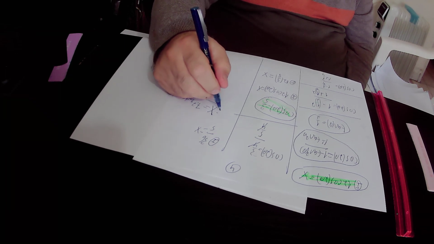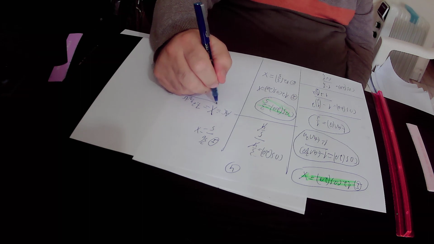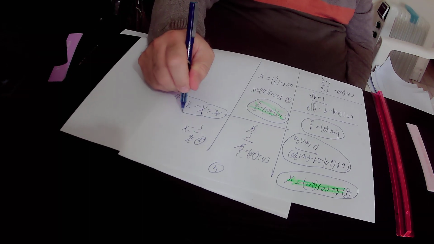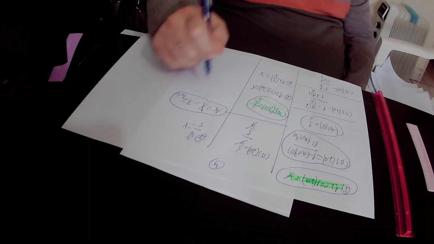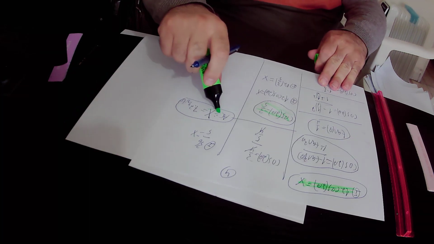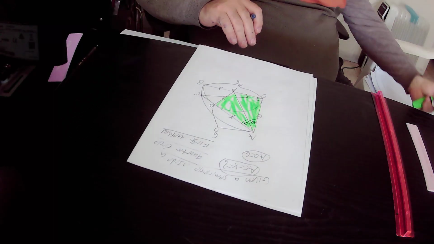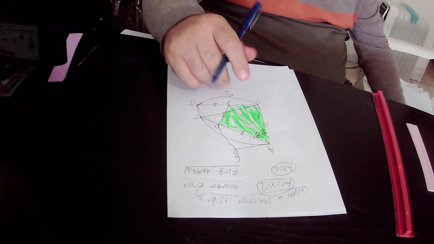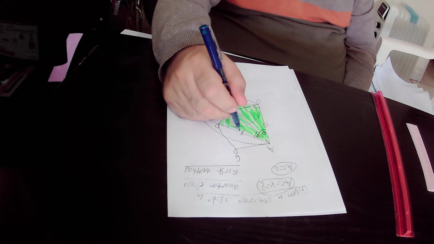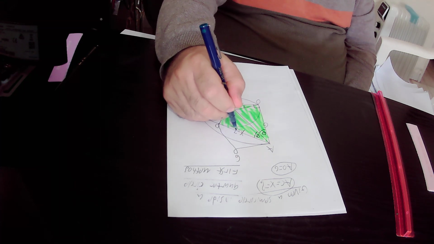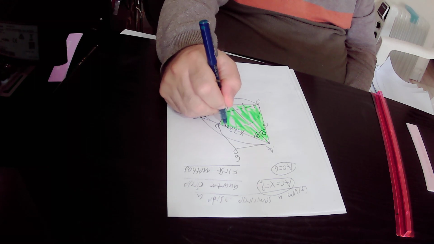So x is equal to AC, which is equal to 7.2 units. Here we found out that x, which is equal to AC, is equal to 7.2 units.